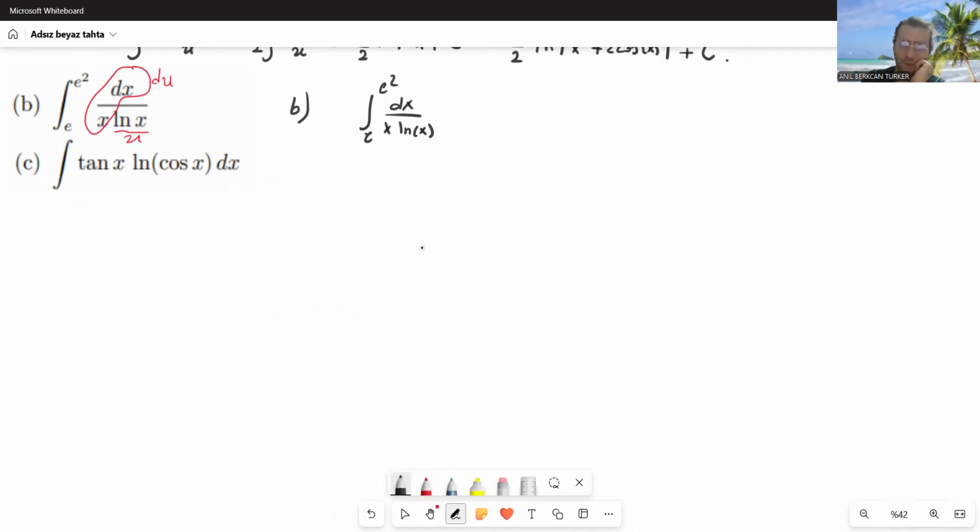Okay, so put u equals ln x. We get du is equal to dx over x by definition of the derivative of ln x. So then this integral I becomes the integral of du over u.